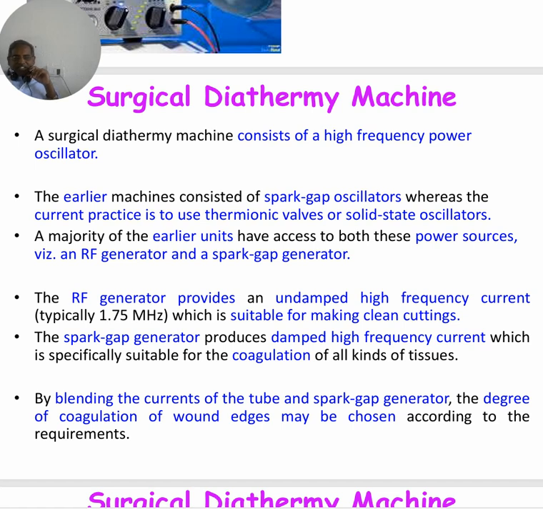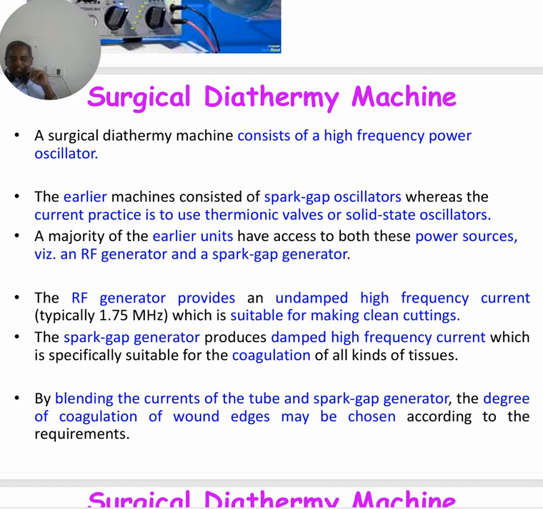A majority of the earlier units have both power sources, that is an RF generator and a spark gap generator. The RF generator provides an undamped high frequency current, typically 1.75 megahertz. Generally we use high frequency current in the megahertz range, nearly 1 to 3 megahertz, which is suitable for making a clean cut. So here we use 1.75 megahertz for the cutting operation.